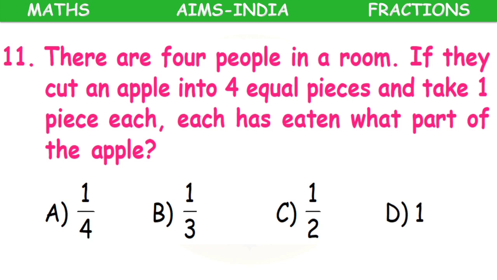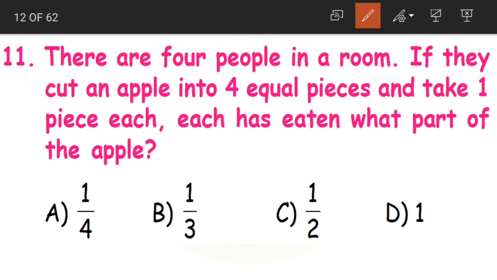Next, there are 4 people in a room. If they cut an apple into 4 equal pieces and take one piece each, what part of the apple has each eaten? Now if you remember the very first class of fractions, we had a birthday cake which was divided into 4 equal parts. Yes, so each part was called as what?